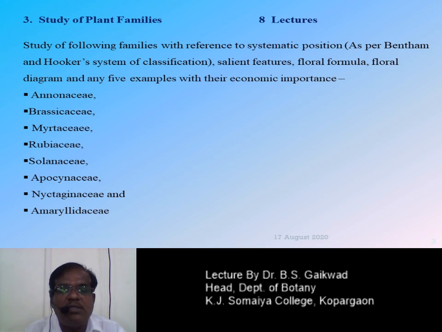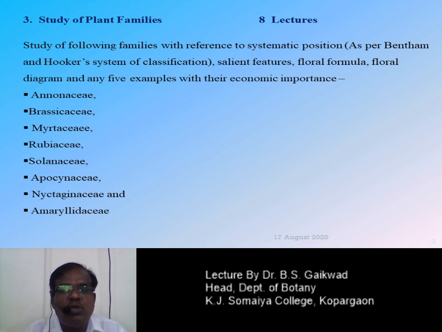Then Solanaceae is the next family. This Solanaceae is a gamopetalous family, and the well-known example of this family is Datura alba. So many examples are there.